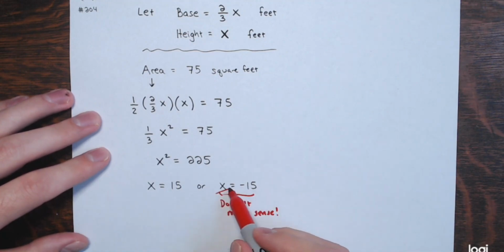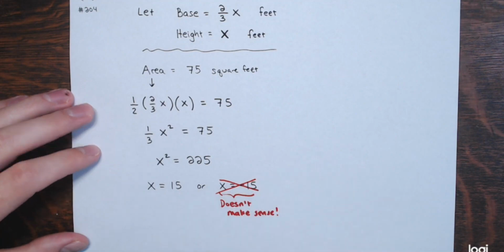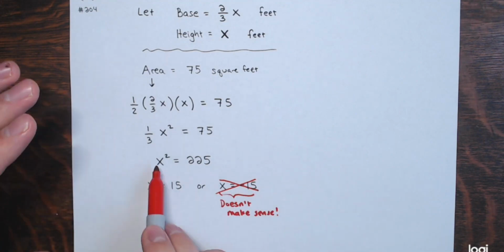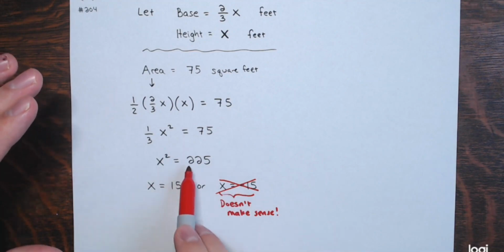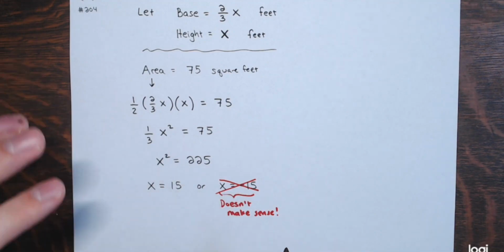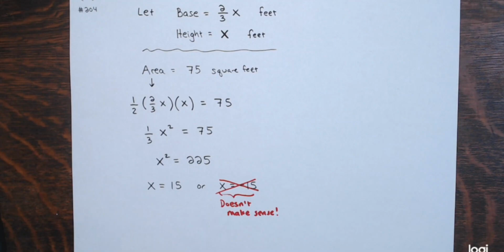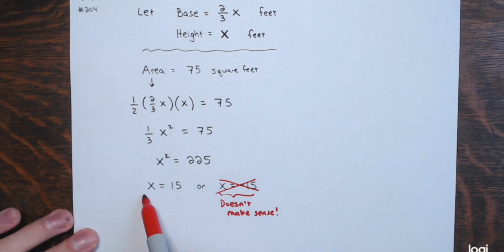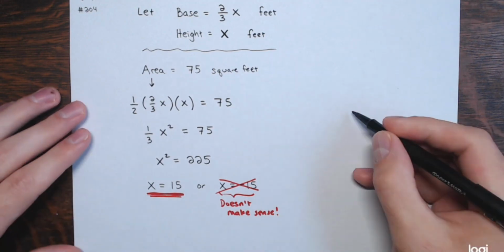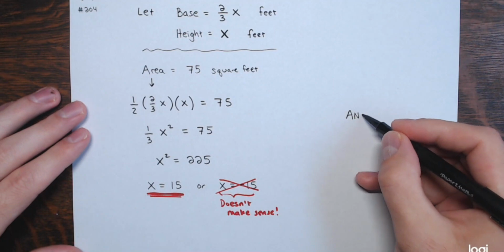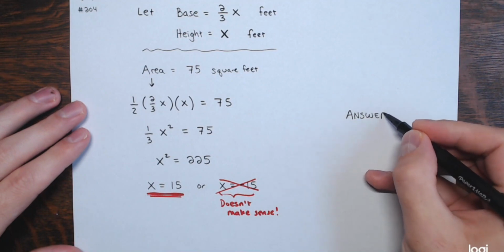So I'm going to eliminate that option, not because it's not a solution of the equation I set up. This is a solution of the equation. It just doesn't make sense as the height of a triangle. So it's this one here that makes sense, positive 15. So now that I've solved the equation, I can answer their question.